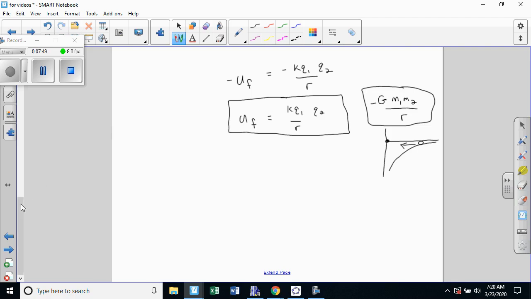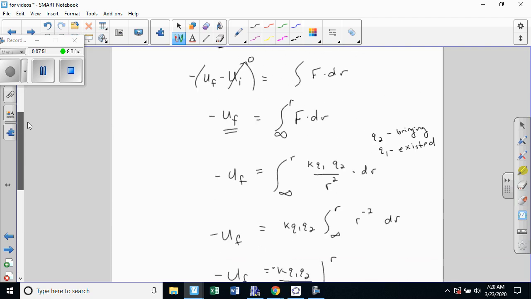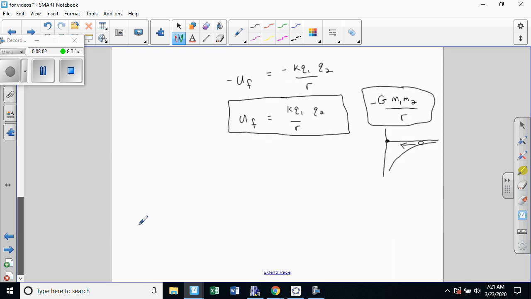Well, let's think about what Q1 and Q2 would do. If Q1 and Q2 are the same charge, they're both positive or both negative, well, this isn't going to be an attractive force. This is going to be a repulsive force, so I'd have no problem taking that 1 over R functionality and actually writing it as a positive here, which we got from the integral, meaning potential energy as a function of R, the distance between the two charges, would look like this, right?